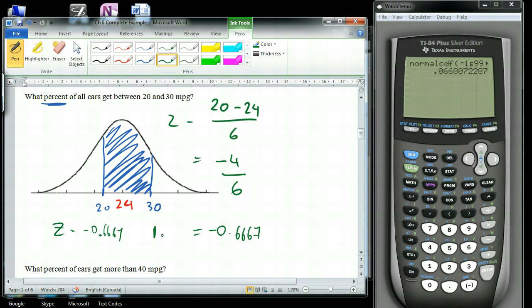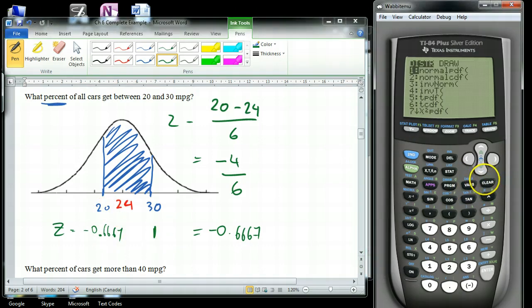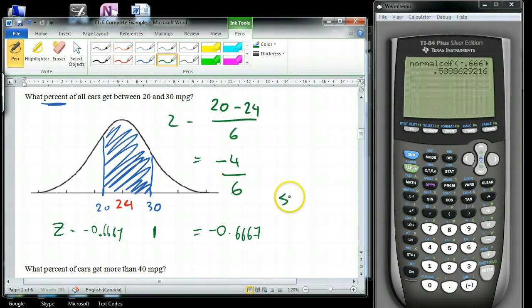So I'm trying to figure out the percent between these two z-scores. On my calculator, second function, normal CDF, and instead of doing 0 or negative 99 here, I'm going to put in my left boundary, negative 0.6667, all the way to positive 1, and I get 58.88 percent.